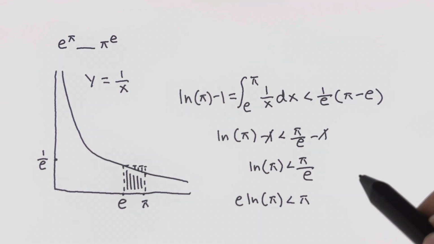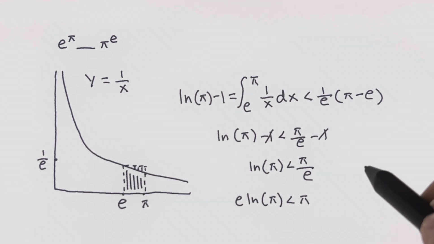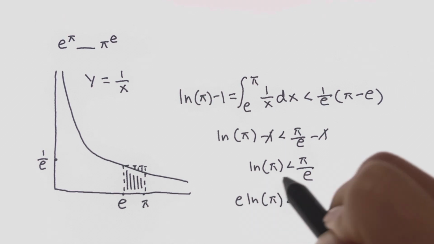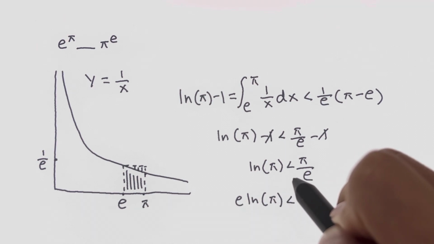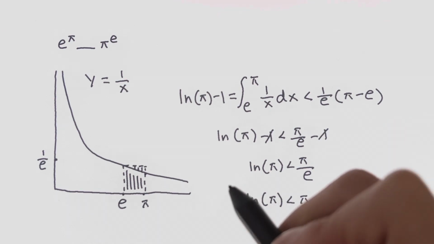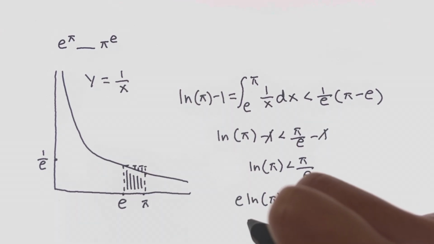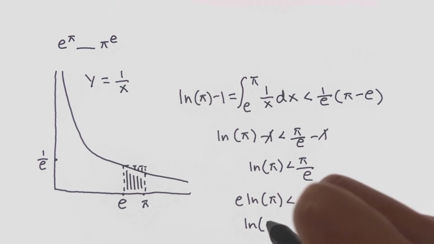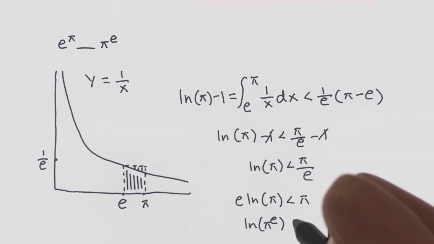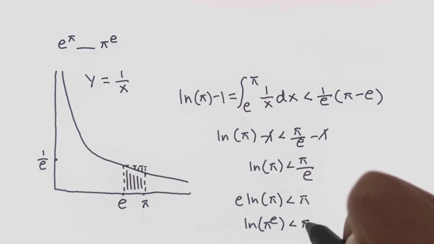Then we can apply a property of logarithms. We can move the coefficient into the exponent of the argument of the logarithm. So this will become ln of pi to the power of e is less than pi.